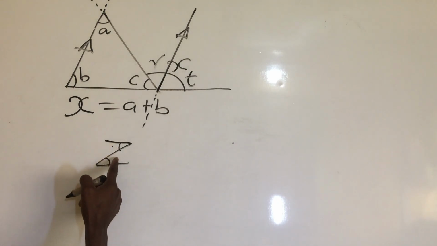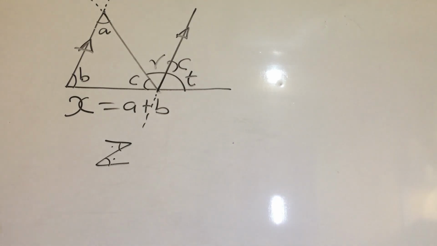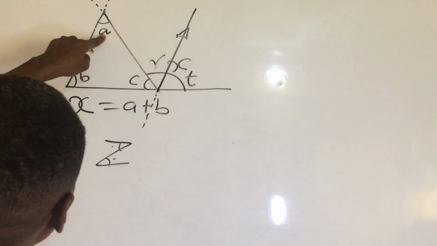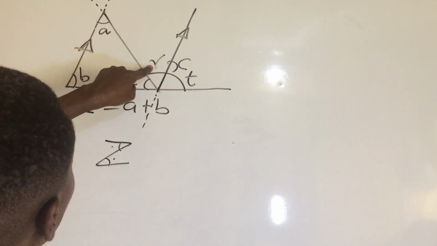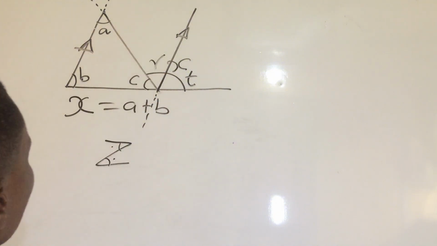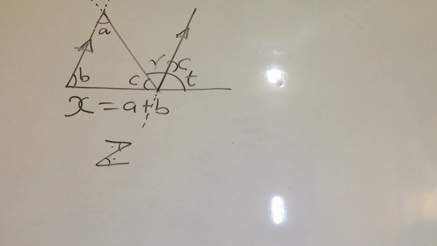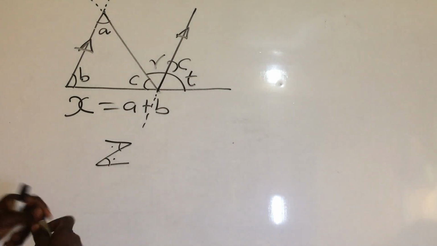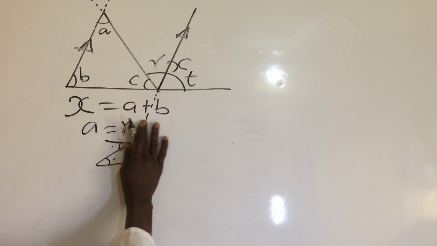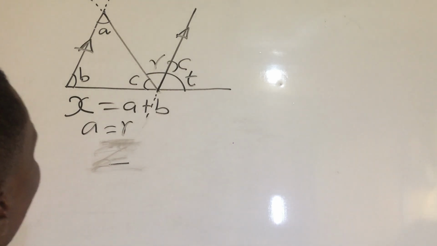Front angle is equal to back angle when you use the letter Z to check it. Since they are parallel, this angle here is equal to this angle here, considering the letter Z. Remember that the lines must be parallel. Now we can say that this A here is equal to R here.